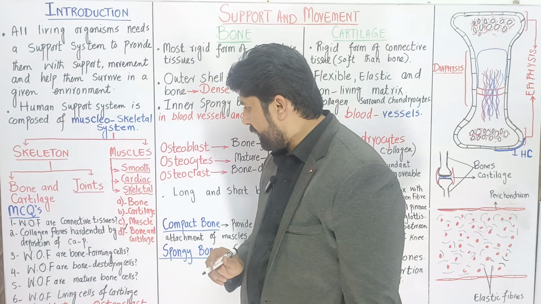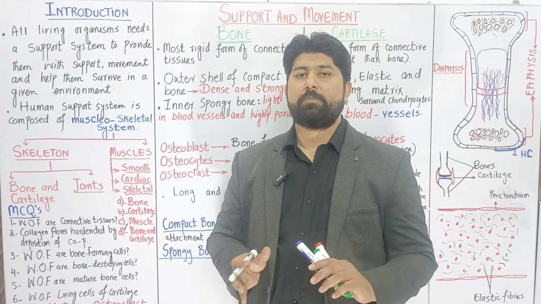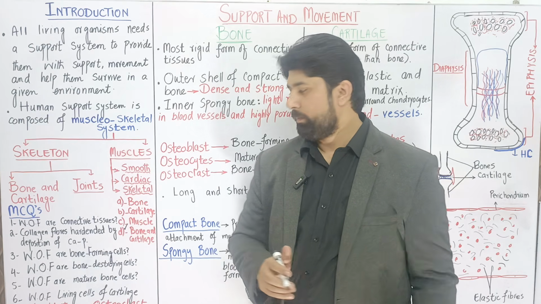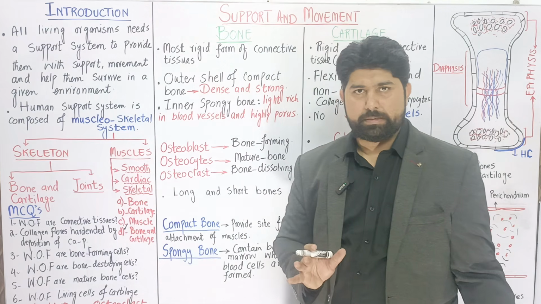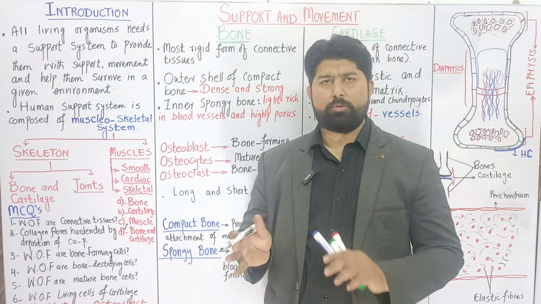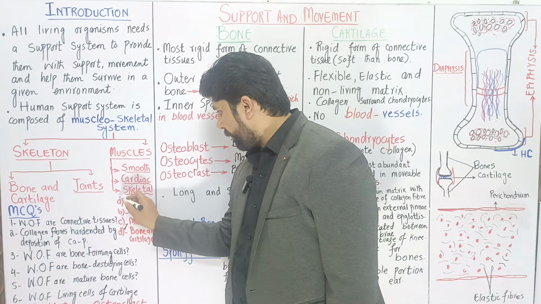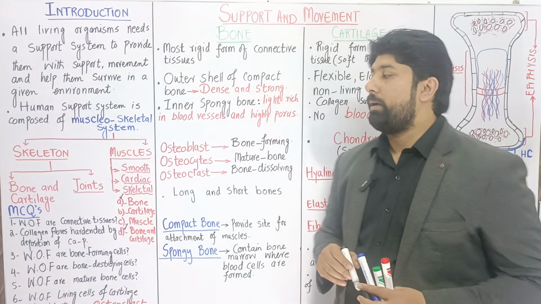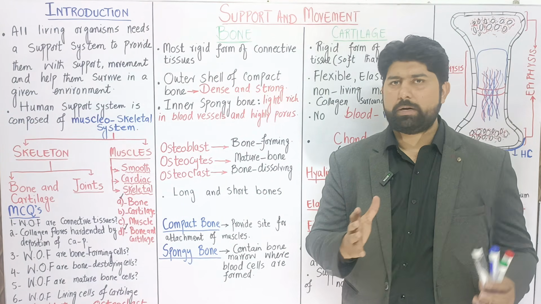Next, the collagen fibers are hardened by the deposition of calcium and phosphorus in. They give you other options like bone, cartilage, muscles, and both bone and cartilage. So the answer of this question is bones.